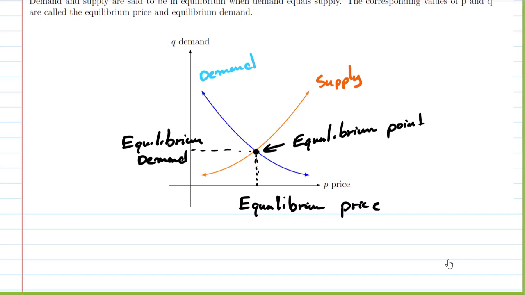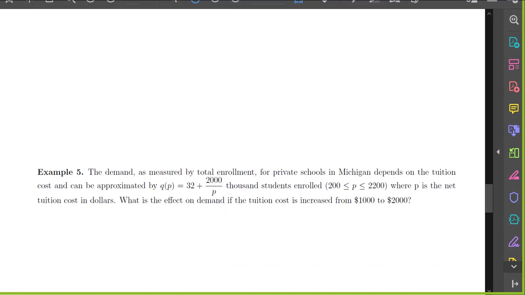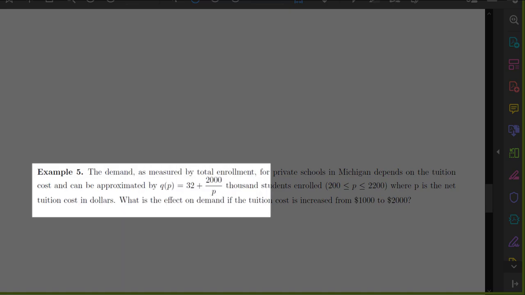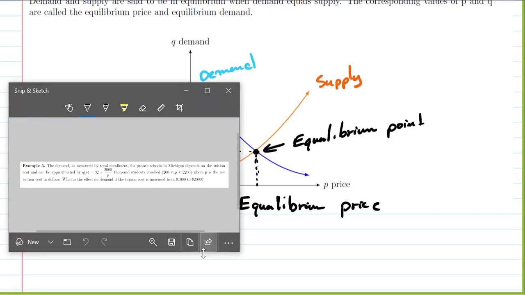So let's take a look at a couple of examples. This one actually chains, so this example 5 chains into another example.